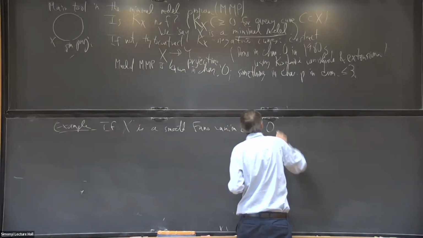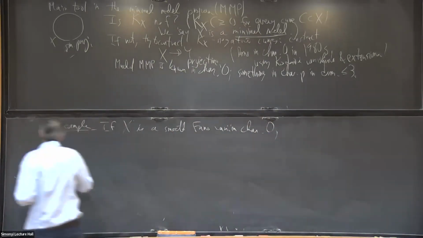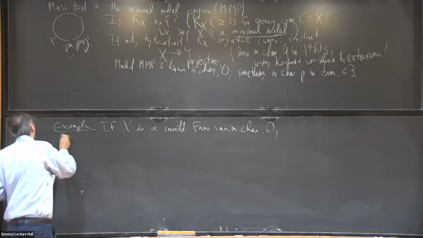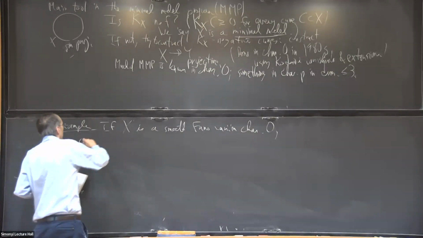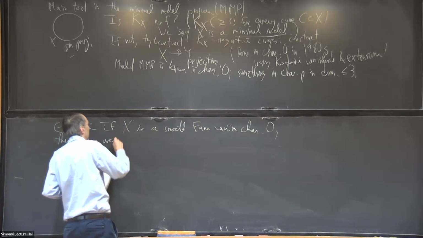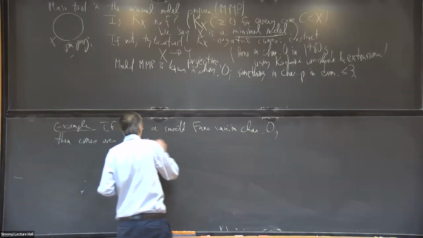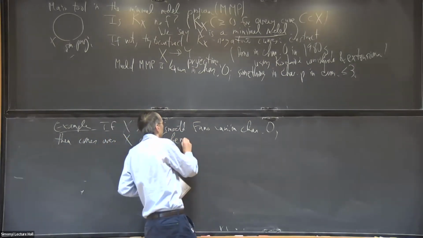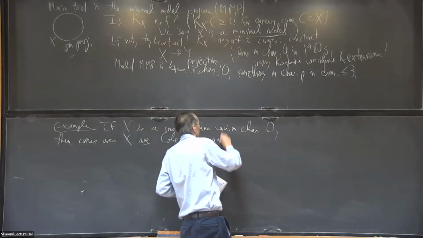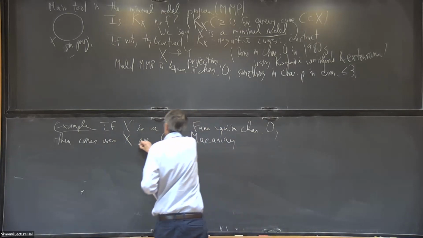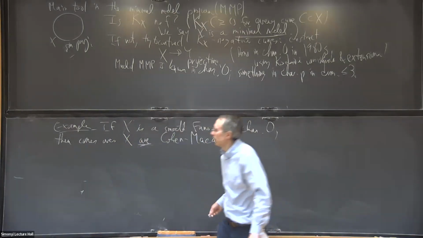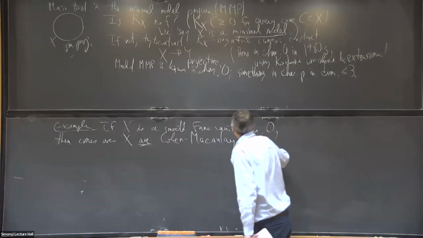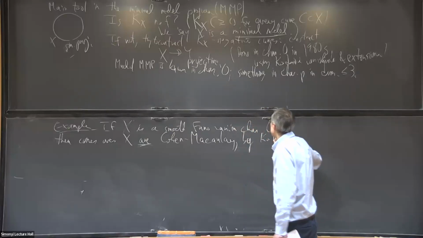Let me briefly say then that cones over X are, and probably I have to be a little bit careful of which line bundle I'm using, I mean, it's sloppy. And so cones over X are Cohen-Macaulay, and basically I want to say by Kodaira vanishing.